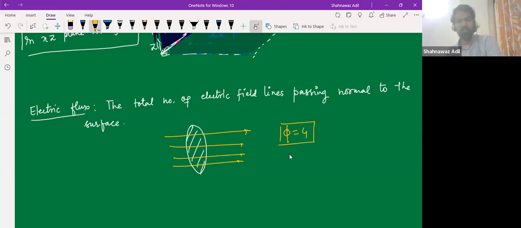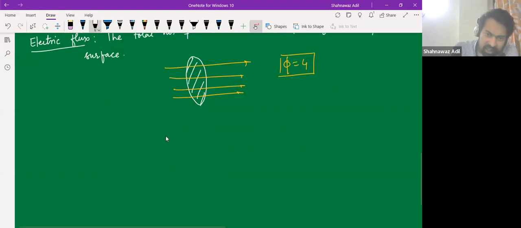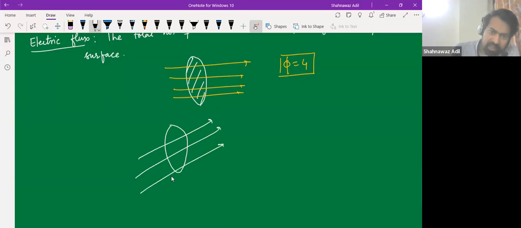So this is the definition of electric flux: total number of electric field lines passing normally to the surface. This word is very important. This is the surface, and let's say the electric field lines are passing this way. So these are not passing normally. This is our normal direction, and electric field lines are passing this way.